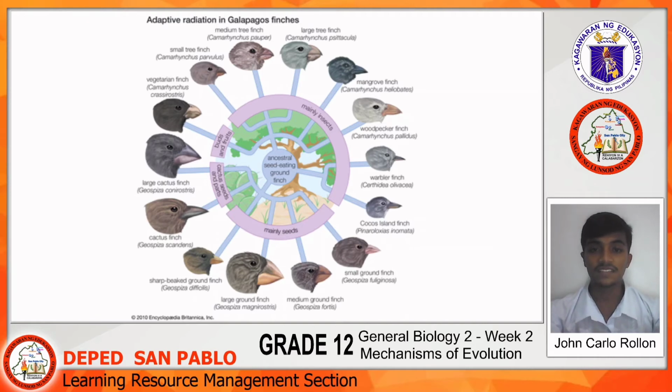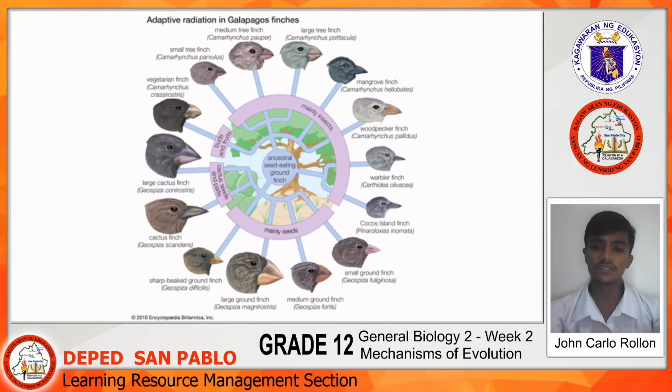We can see here that some birds specialize in eating mainly insects. Some birds eat buds and other parts of a tree or a plant, and some of the finches feed mainly on seeds.